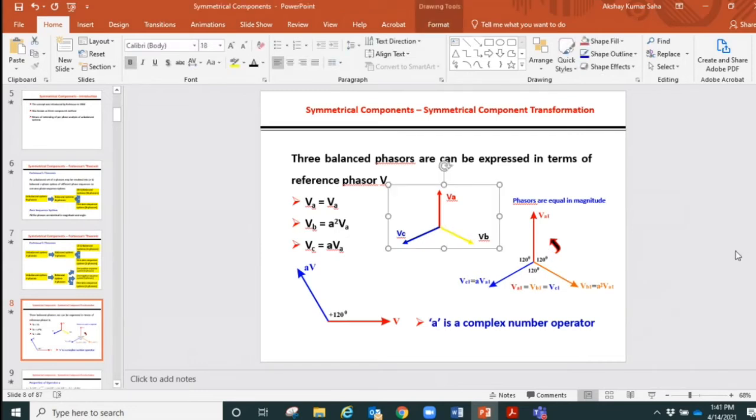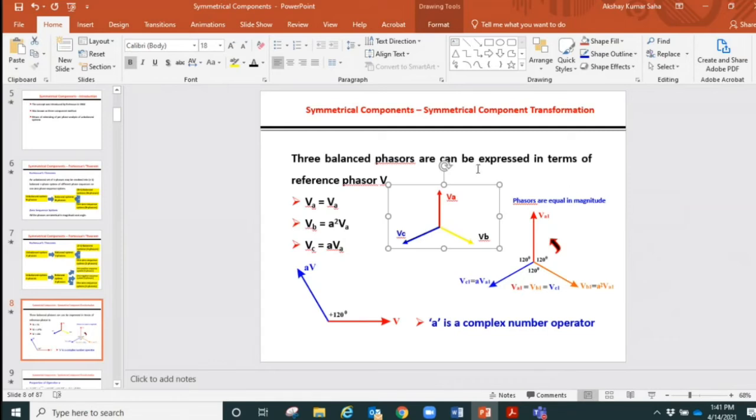Now this is the first one, which is a very common one, which we have been seeing from the very beginning of our electrical engineering: VA, VB and VC, RYB or ABC, whatever we call them. They are of the same magnitude and separated by 120 degrees from each other if the system is balanced.